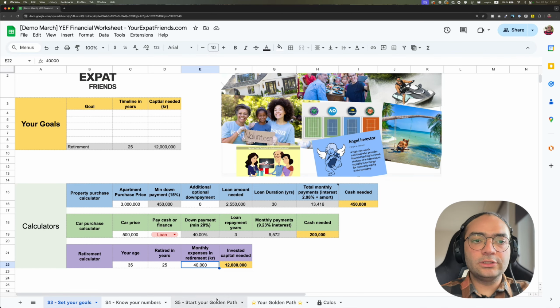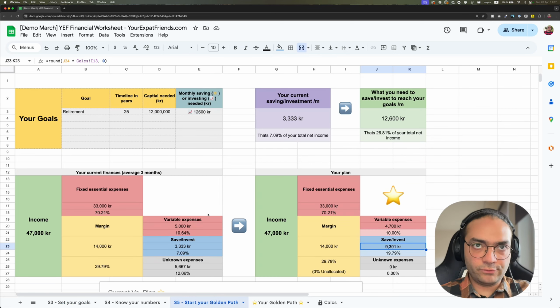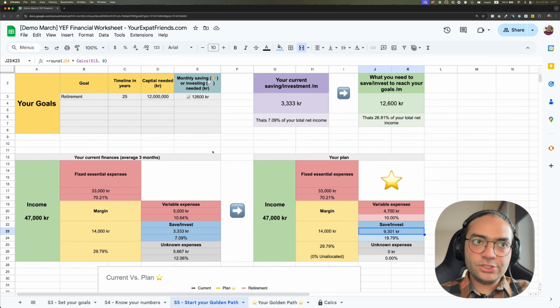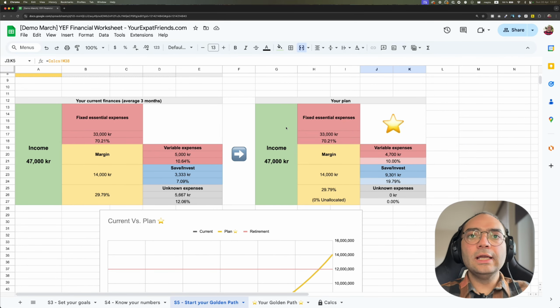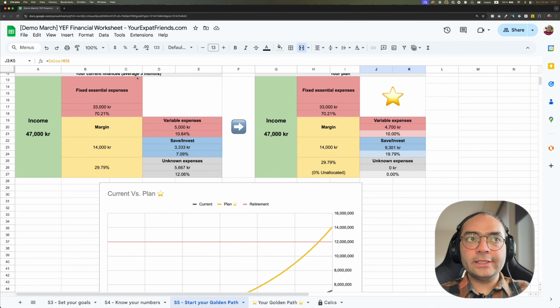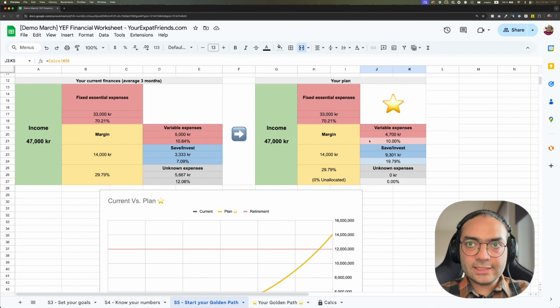Play around with it until you reach something that makes sense for you. And then come to this sheet and look at where you are and where you need to be with regards to those goals. And then look at your current cash flow on a monthly basis and try to adjust that in a way that will enable you to reach your goals.